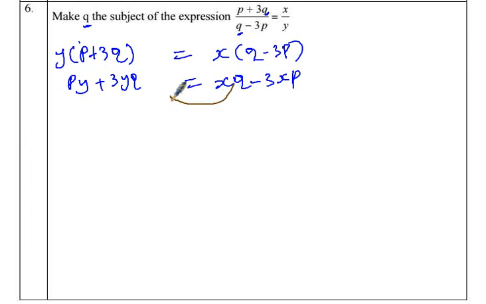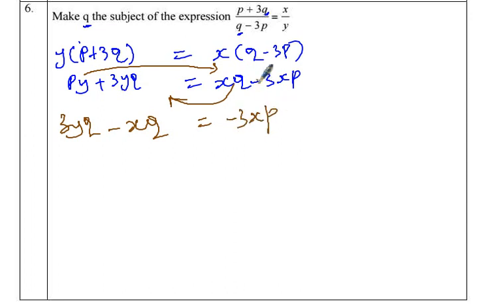Okay, now we are interested in the q terms to be left on one side. Then I'll take this to this side, I'll move this to the other side. So I can write my 3yq, when this term crosses the equal sign, it becomes minus xq is equal to, now here I have stayed with minus 3xp, okay? This term here is a negative term. Then also this term, when it crosses the equal sign, it becomes minus py.